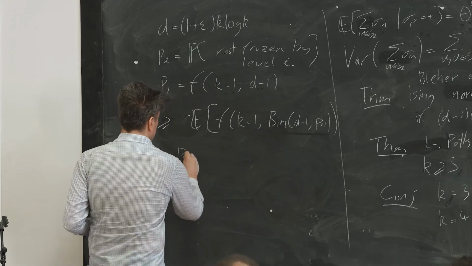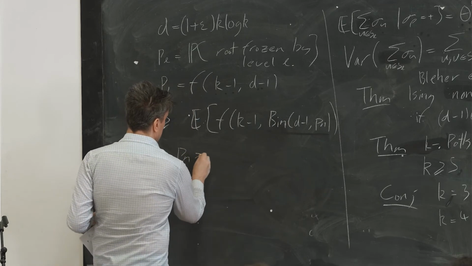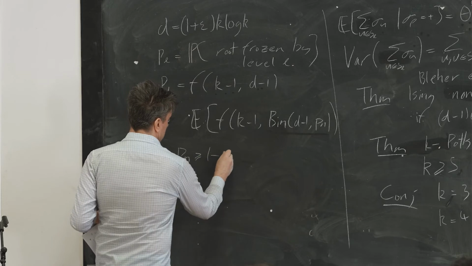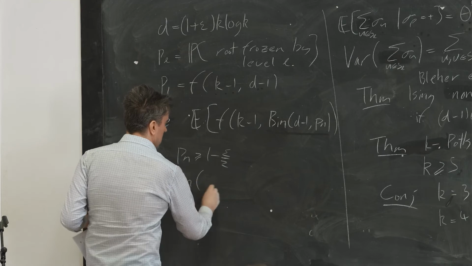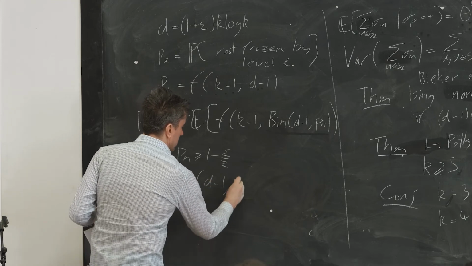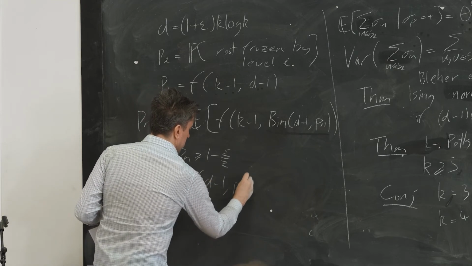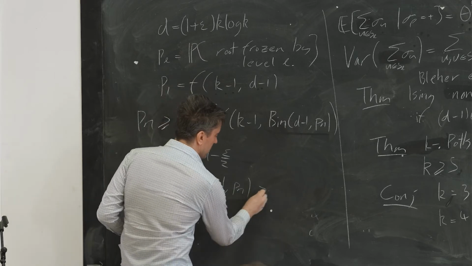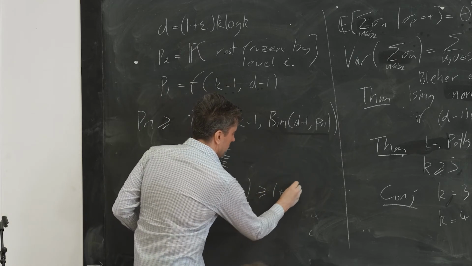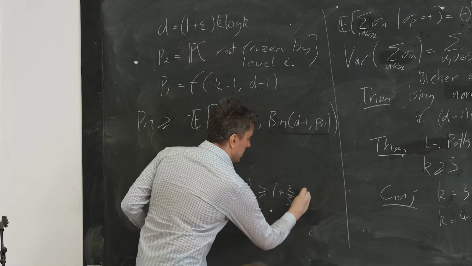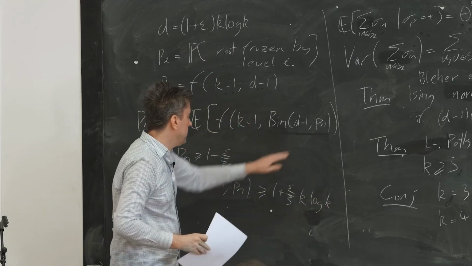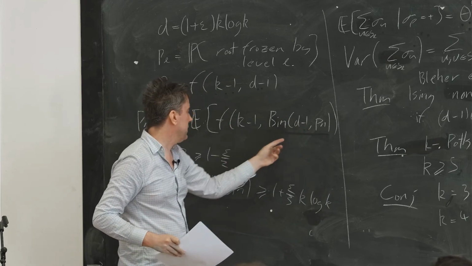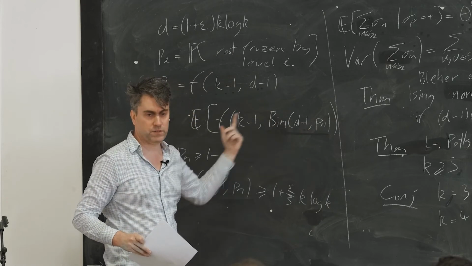But basically, if P_n is greater than or equal to, let's say, 1 minus epsilon over 2, then this binomial of d minus 1, P_n will with high probability be at least (1 plus epsilon over 3) k log k. And so it's big enough to make f very close to 1 most of the time.